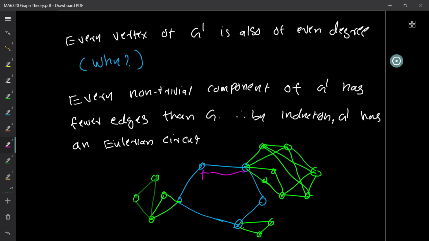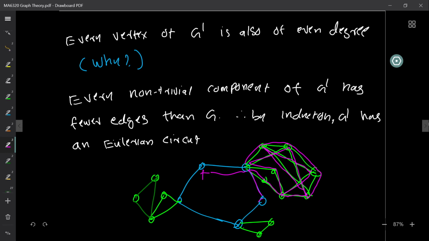I will take the short Eulerian tour of this component. And then I will continue to the next vertex. Again, I will see if there is any unvisited component in G minus C which is incident with this.